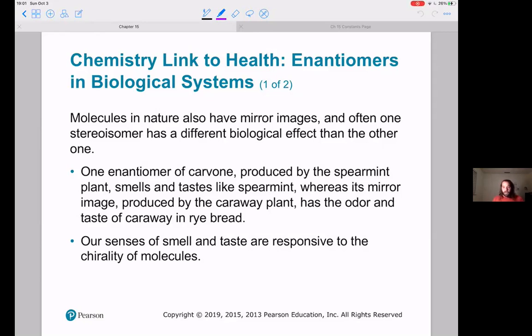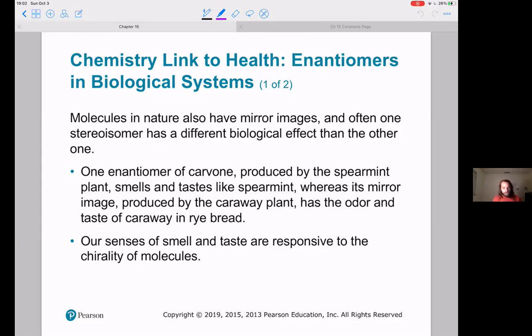However, we'll talk about this a bit more when we talk about enzymes, the enzymes in your body work by this lock and key kind of signal, where your enzymes have this perfectly fit little pocket and a molecule plugs right in. So if it's the mirror image, it's not necessarily going to fit the same way. And so we can interpret enantiomers of the same compound differently.